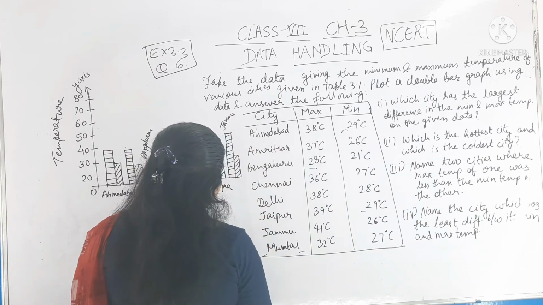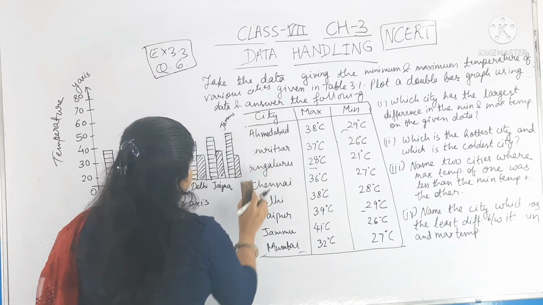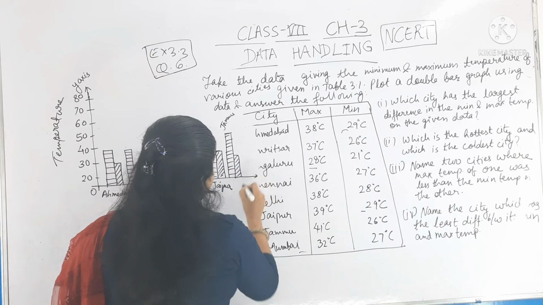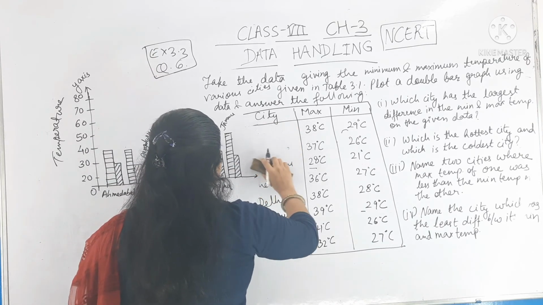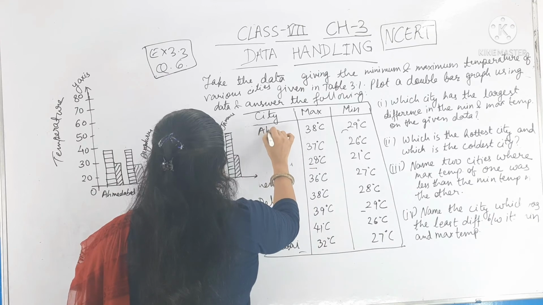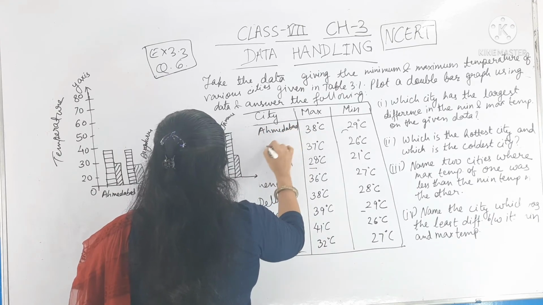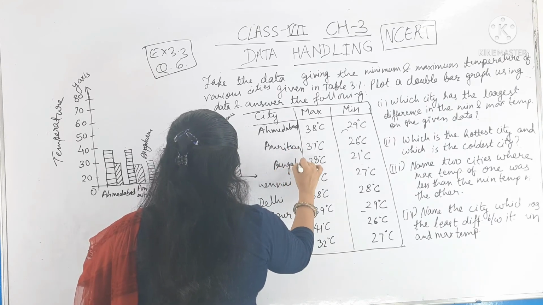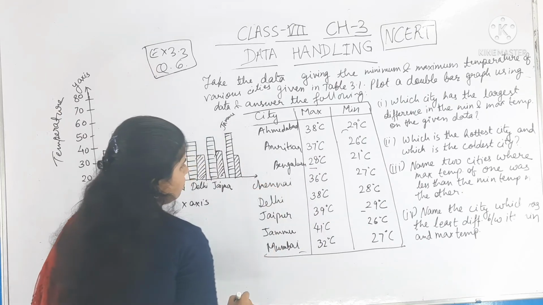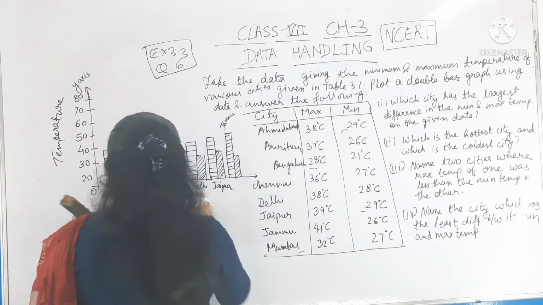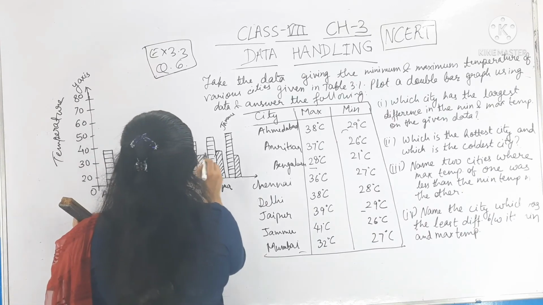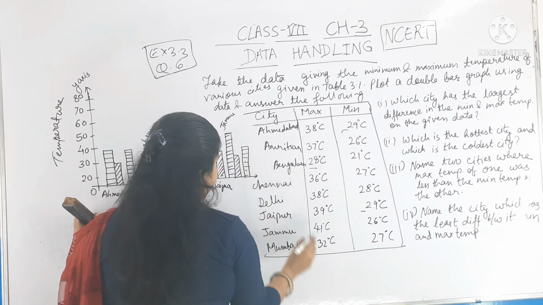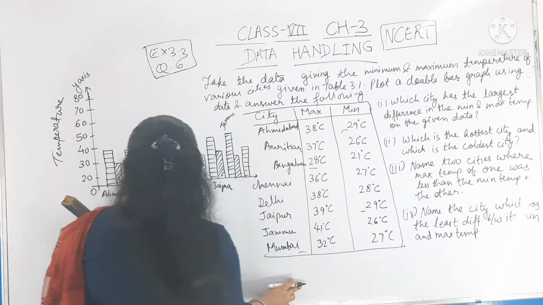Mumbai has 32 degrees Celsius, and 27 degrees Celsius, same as Chennai.